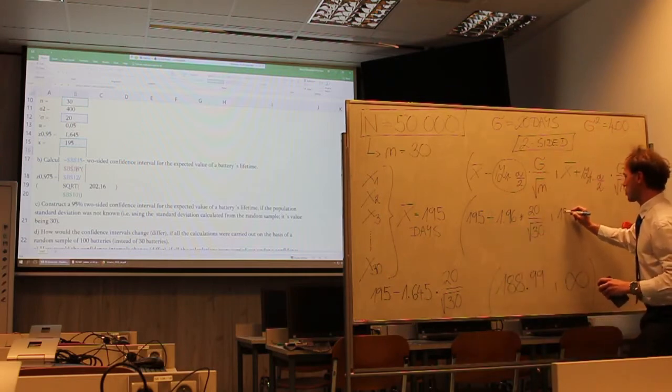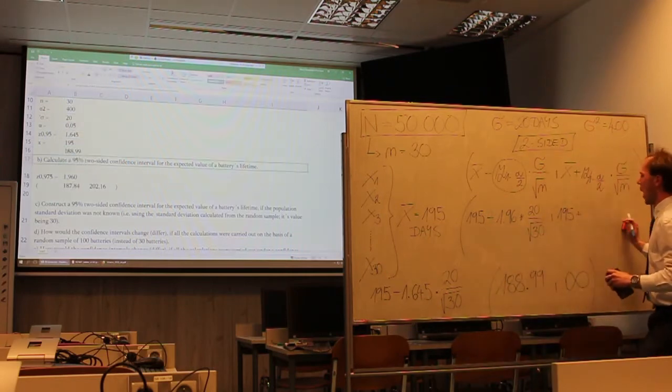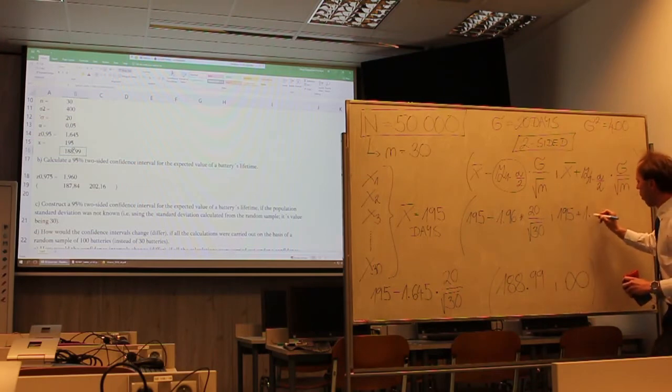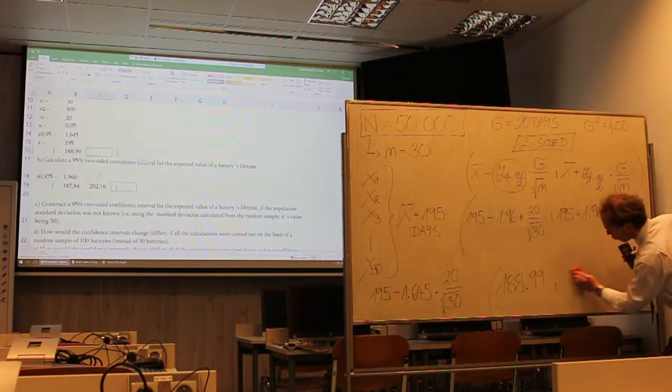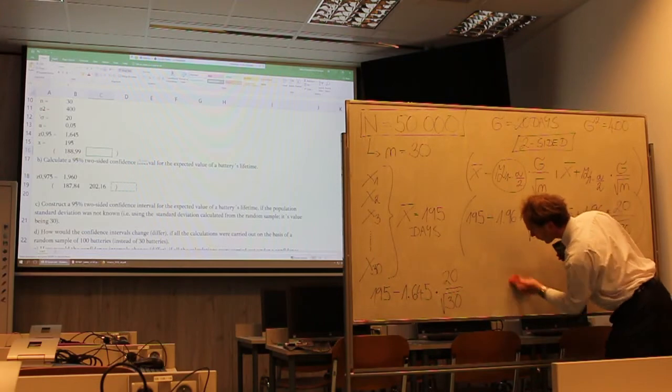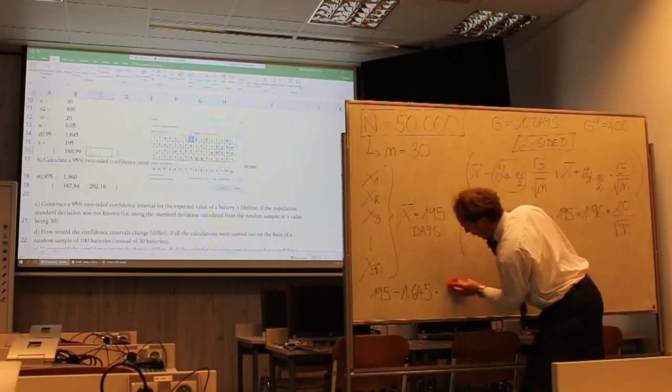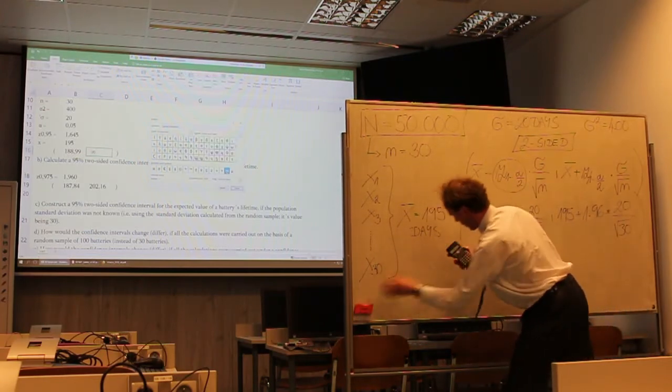And 195 plus 1.96 times 20 divided by square root of 30: upper bound, right side. I will delete this one-sided interval and I will calculate the result.